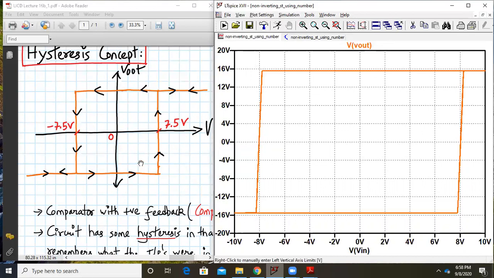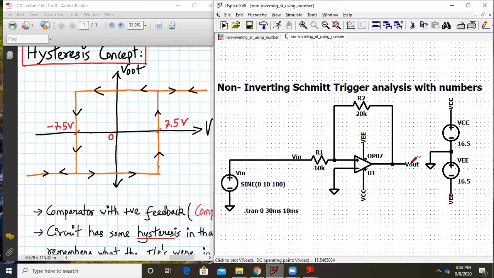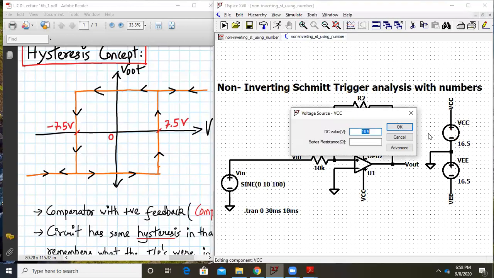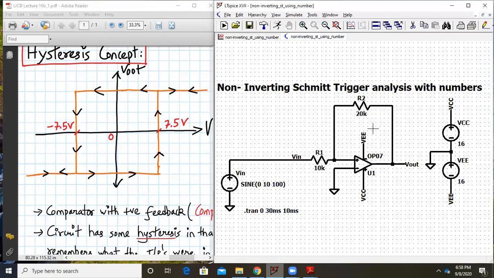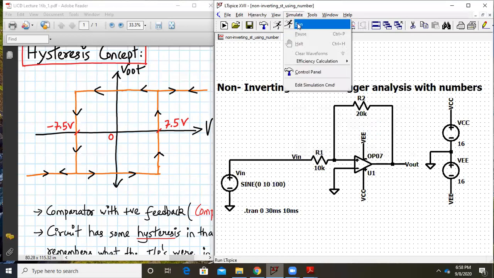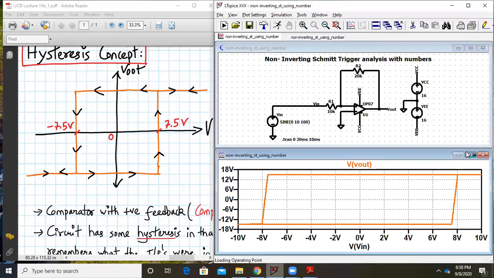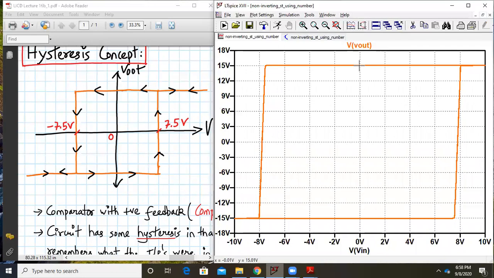So just for numbers, it's behaving very, very good. If you want to really see that plus or minus 15, then we have to make this at, I think, 16. Then it will come proper. Let's check that. Let's concentrate on the plus or minus VSAT now. So here plus VSAT is, yeah, perfect, 15.08. I'm taking the Y coordinate down, X and Y coordinate, and here it is minus 15.